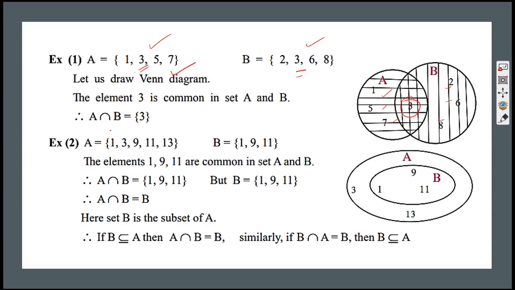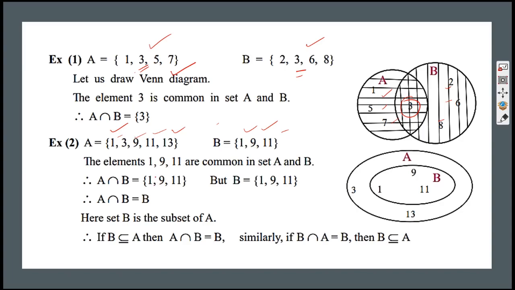So this way a Venn diagram is a very good method of showing the intersection of sets. Here is another example. A is 1, 3, 9, 11, 13 and B is 1, 9, 11. 1 is there in both, 9 is there in both, 11 is there in both, only 13 is different. So when we take the intersection of these two sets, 3 is also not there.